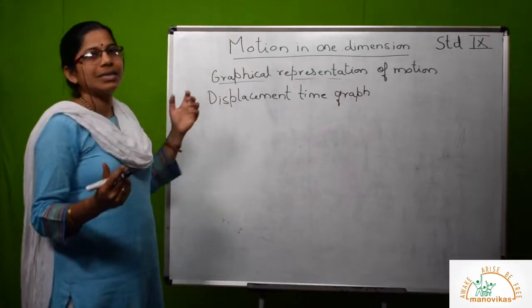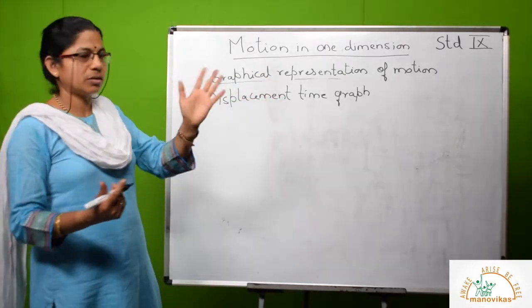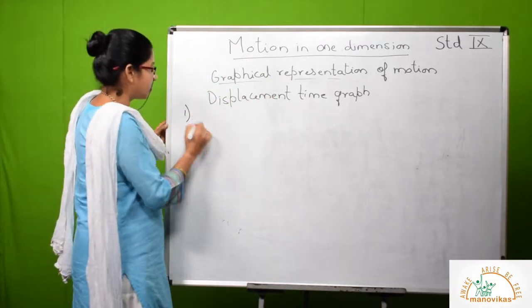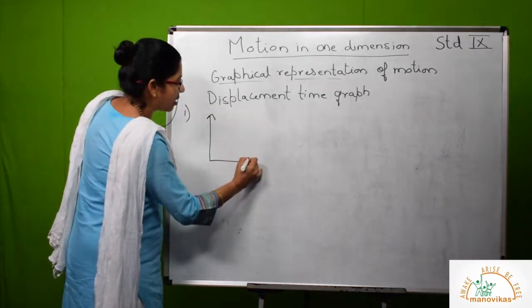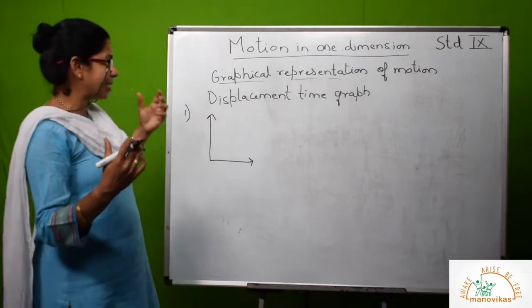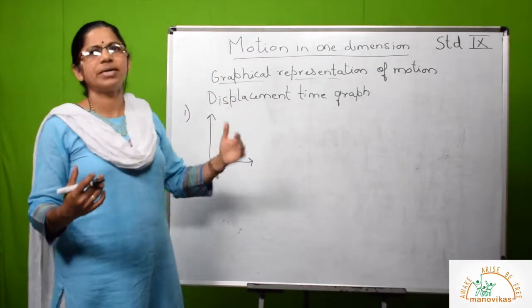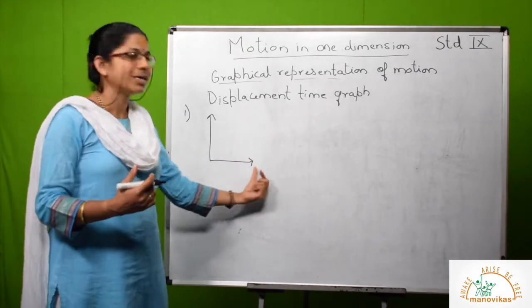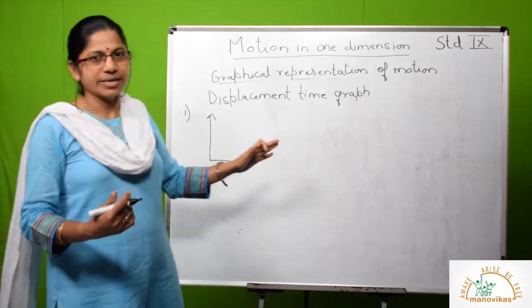Now here there are three cases possible, so we'll study each case separately. The first one is in a displacement time graph. You have to always remember time, which is an independent quantity, or any independent quantity, comes on the x-axis, and the dependent quantity comes on the y-axis.